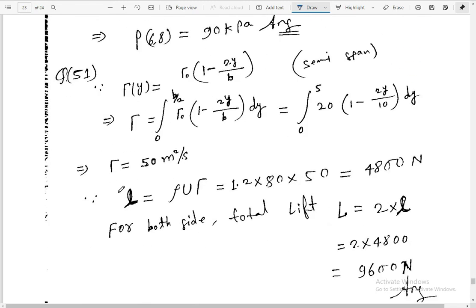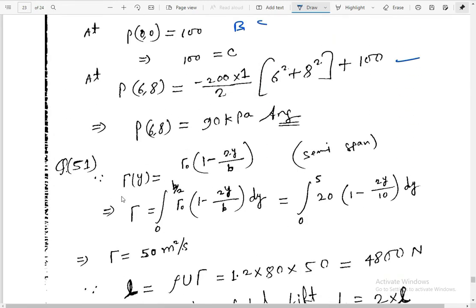So for semi span we can just consider what is given here, gamma naught (1 minus 2y by b). Just integrate it 0 to b by 2, because I have taken semi span, means half of the wing.